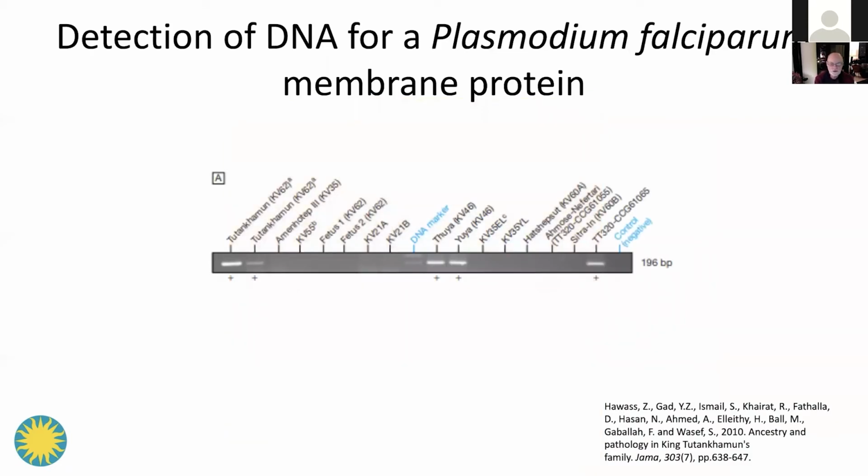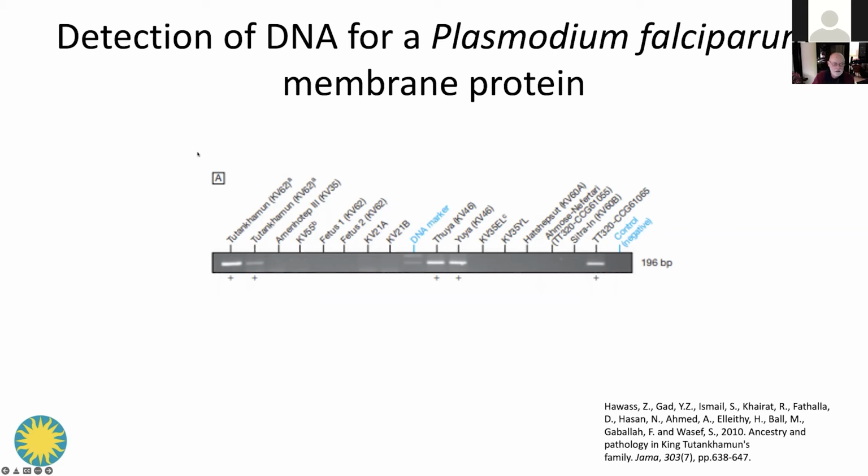We're going to skip back just for one slide to shallow time. People sampled tissue from King Tut, an Egyptian, in fact, they sampled a whole series of different mummies.